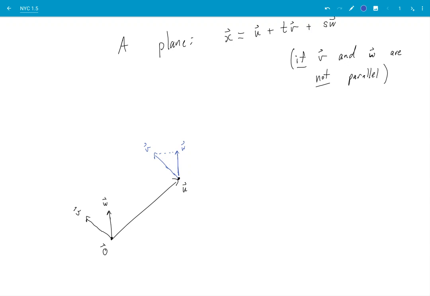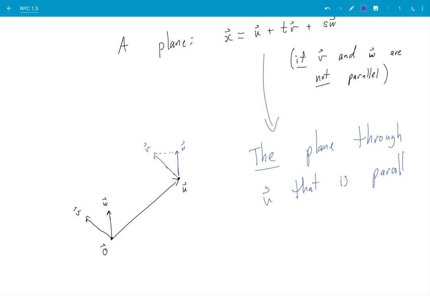Now, there is only one plane that contains that triangle, and that's the plane we're talking about. So in English, we'd say the plane through u that is parallel to both v and w.